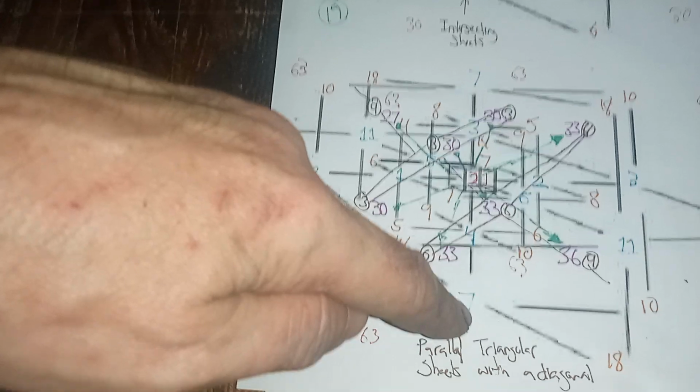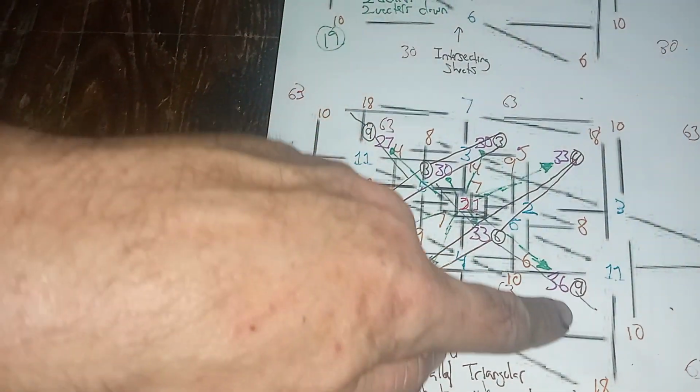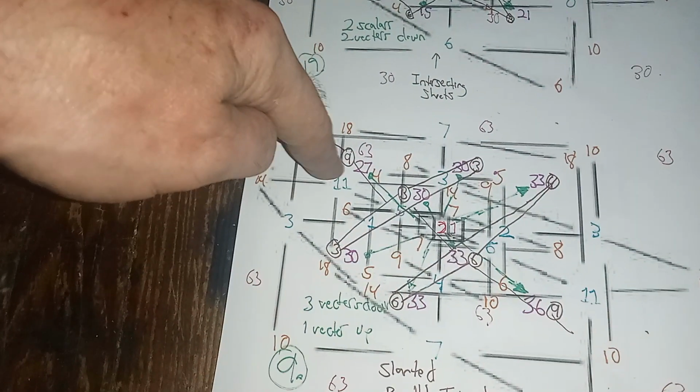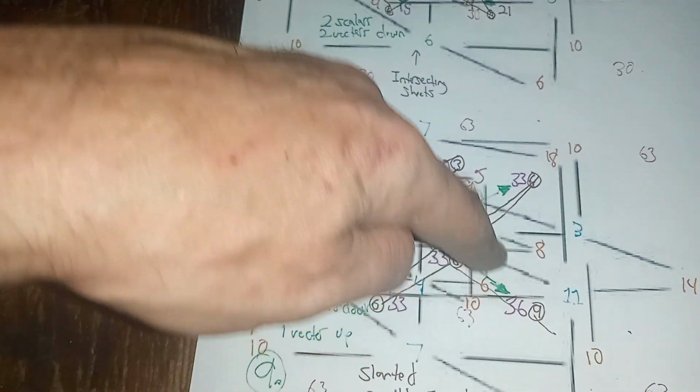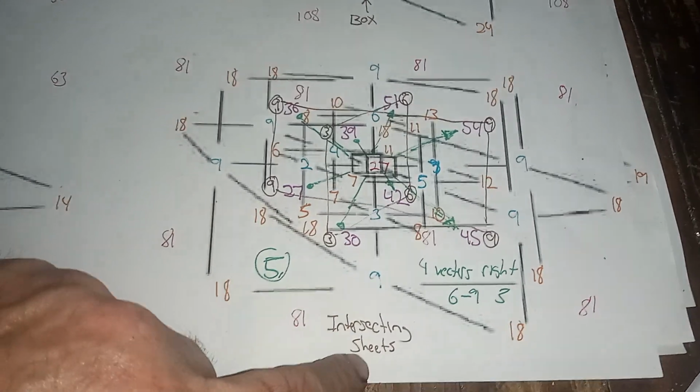And this is slanted parallel triangular sheets with a diagonal of another number going through it. You've got the 3's up here and the 6's right here, and you've got 9 going through them. Slanted parallel triangles. And this is intersecting sheets.